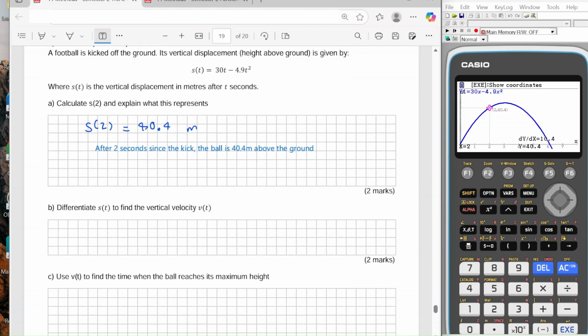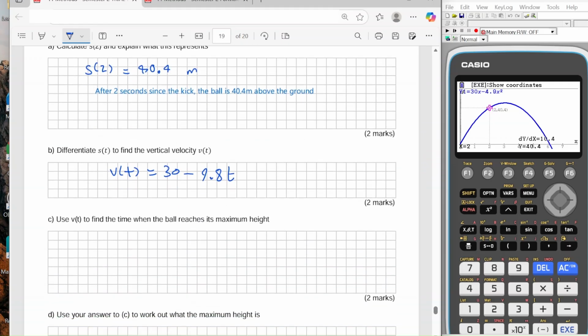Differentiate S of t to find the velocity. So the velocity is just the derivative. So that's 30 take 9.8t. We're going to solve 0 equals v of t to find the max height. That's always what you do. So in other words, we're trying to find this maximum, so stationary point. It should be at 3.06 as the t-value.